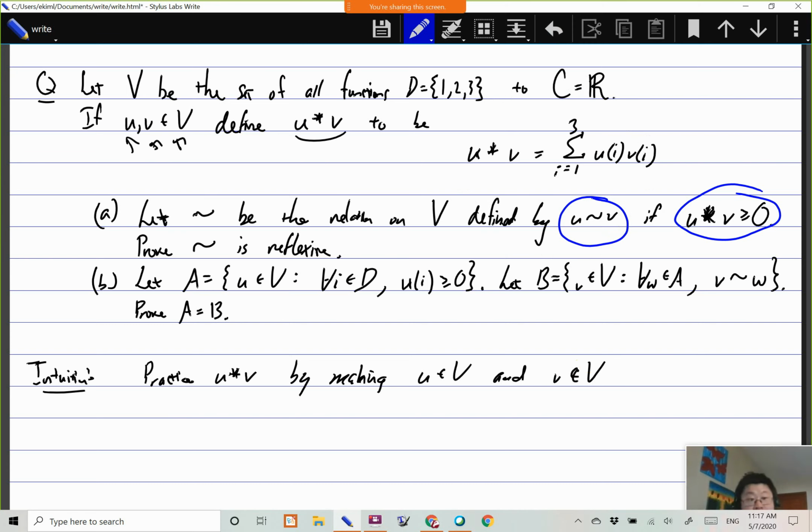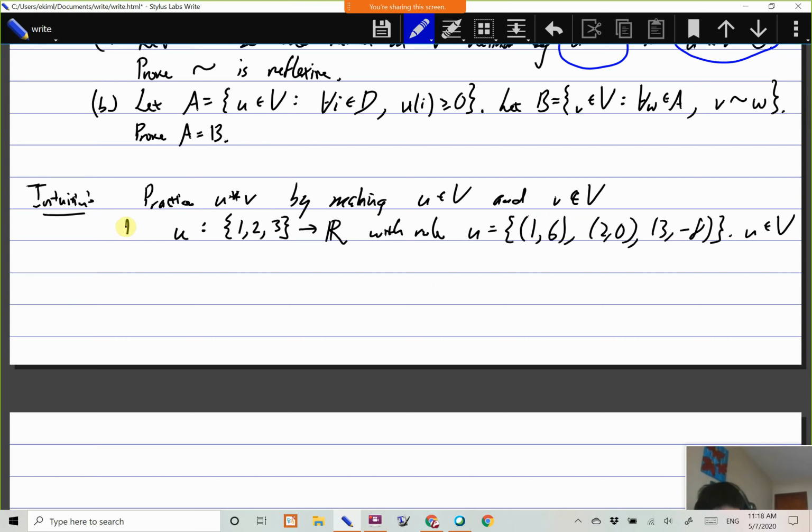And then I'll define little v also from the set {1, 2, 3} to the reals. I could have written just a D and a C, but I wrote it out like this.